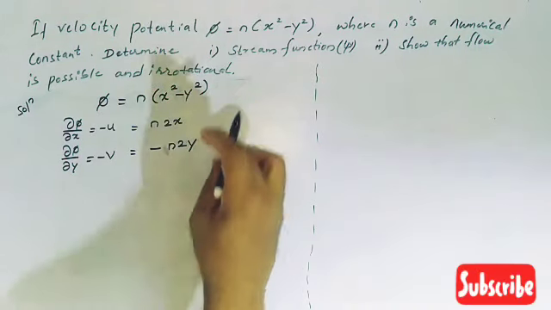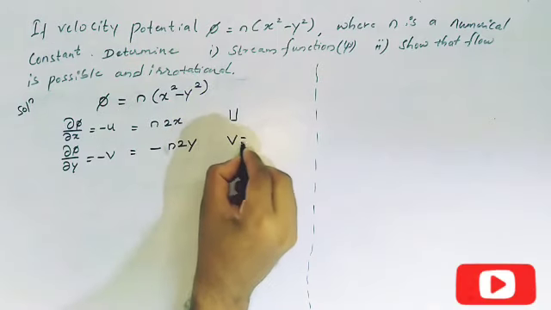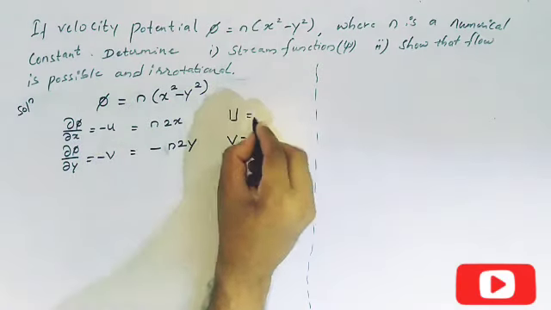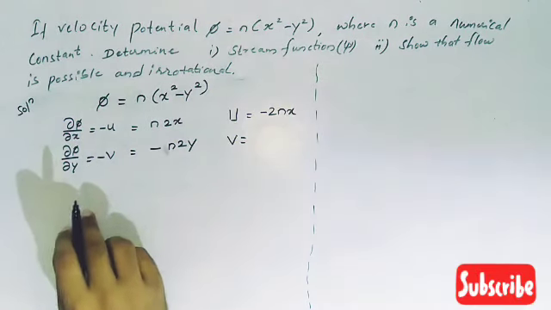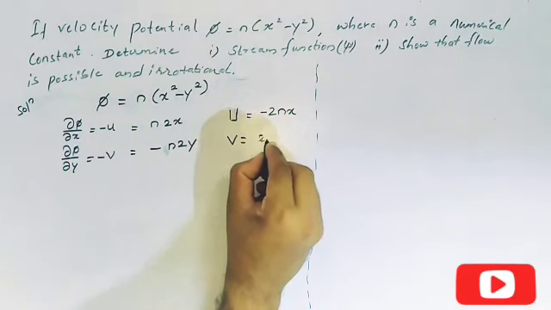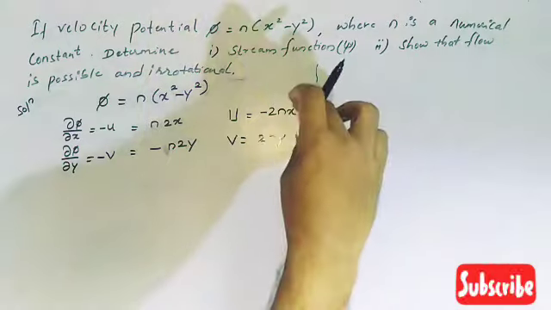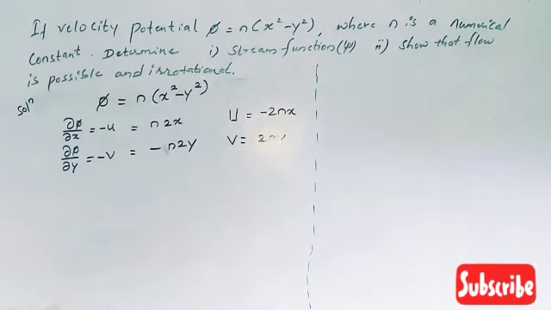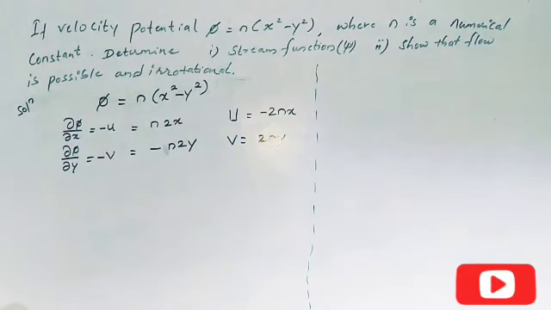By comparing these equations, I can write u equals minus 2nx, and similarly v will be equal to 2ny. Now I have got the u and v components.